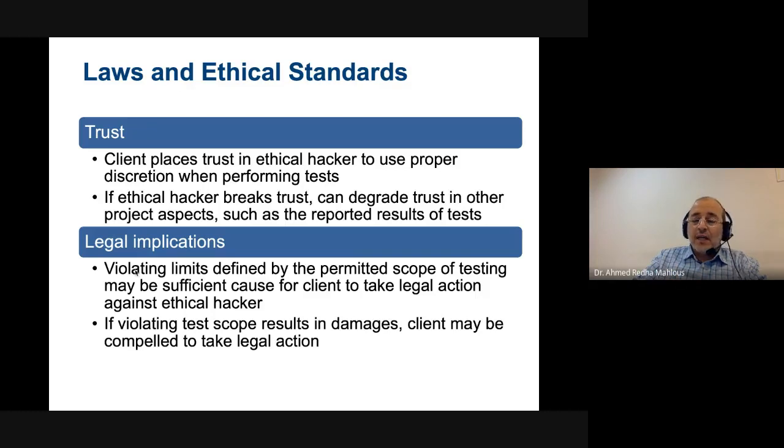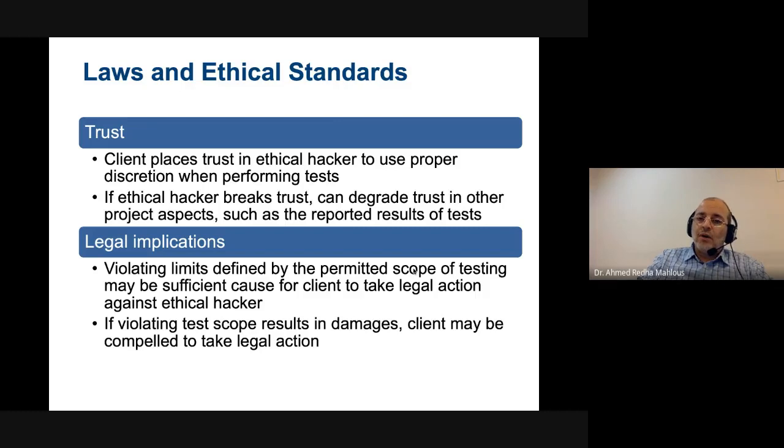That's why it is very important to rely on that legal document, where you should specify in detail your scope of testing. Here we talk about the scope of testing, to which extent you are allowed to do your pen testing: which machines you are allowed to test, at what time, what type of tests you are allowed, and whether, if something happens during the test, the company will pursue you, take you to court and take legal action against you or not.